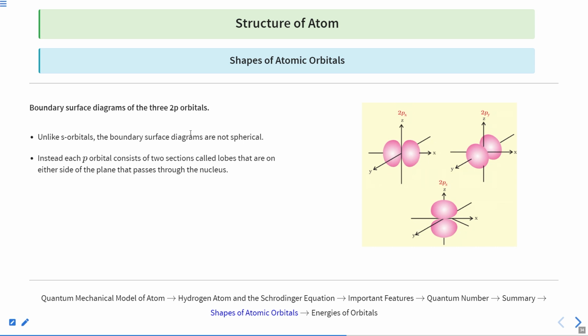If you remember, previously we said that for p orbital the value of l is 1. It will have 2l plus 1 number of orbitals. So for the p subshell the value of l is 1, therefore it will have 2l plus 1 orbitals. Clear? 2 into 1 plus 1 will give you 3. So these are the 3 orbitals. Now in each orbital we will have 2 electrons.